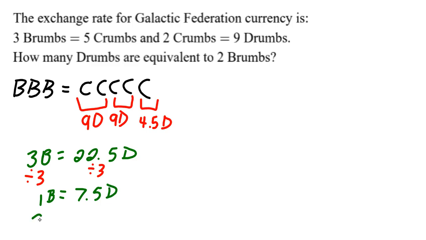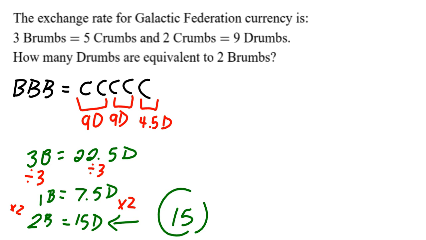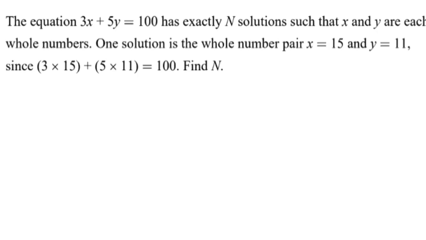So then 2 B's, I just multiply by 2, I multiply by 2 here, I multiply by 2 here. It's going to be 15 D's, and that is the answer to the question. How many drums are equal to 2 brums? Right here, 15.